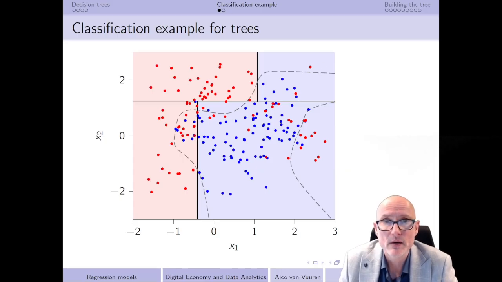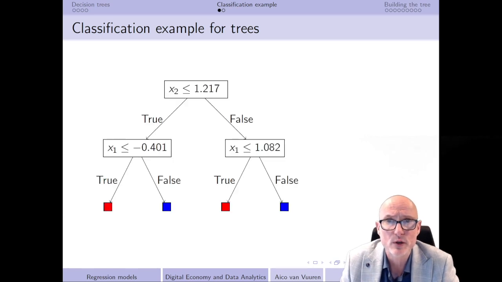And our decision tree is now going to look a little bit more difficult because first of all we have to decide whether x2 is smaller or equal to 1.217. If that is true, then we are in the lower subspace, and then we have seen that if x1 is smaller or equal to minus 0.401, then we are going to make a red prediction.